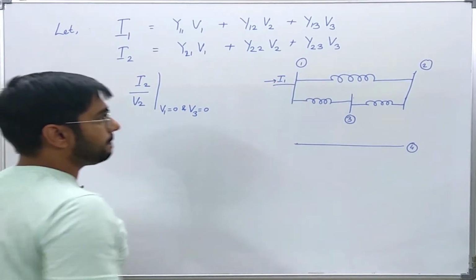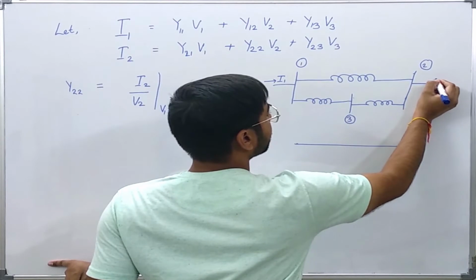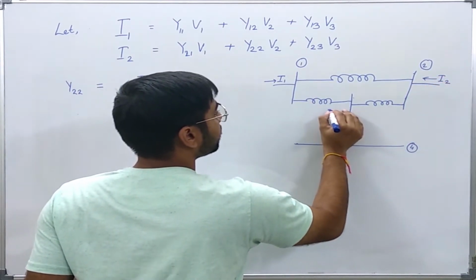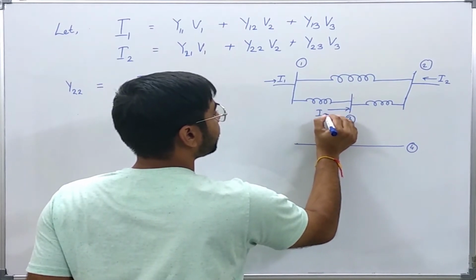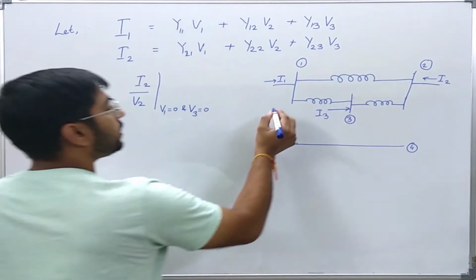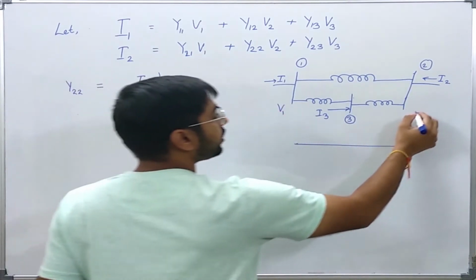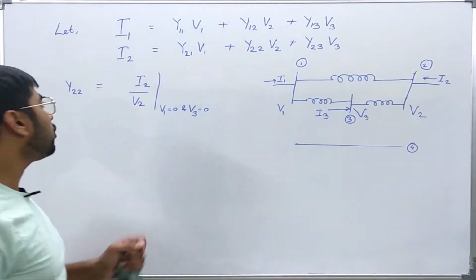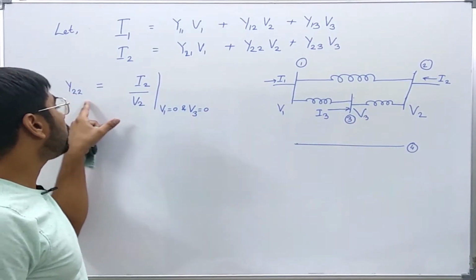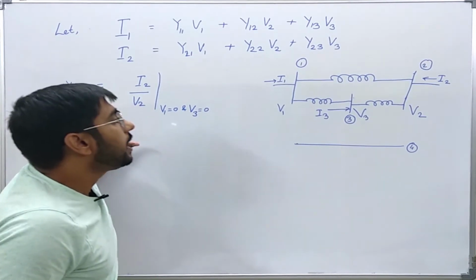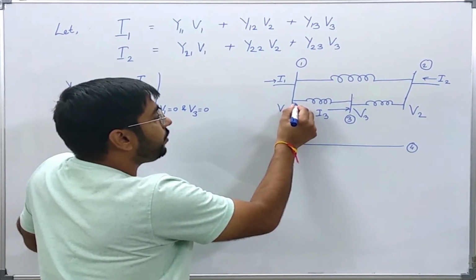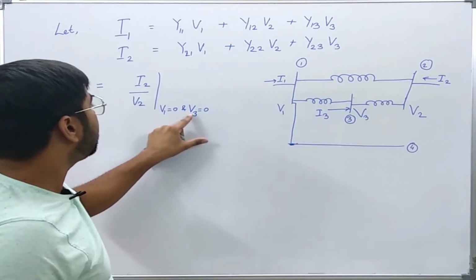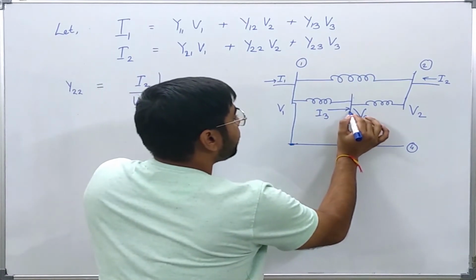This is I1, this is I2 and this is I3. The voltages here are V1, V2, V3. Now to find Y22, what do I need to do? I need to ground V1. Similarly, I need to ground V3.